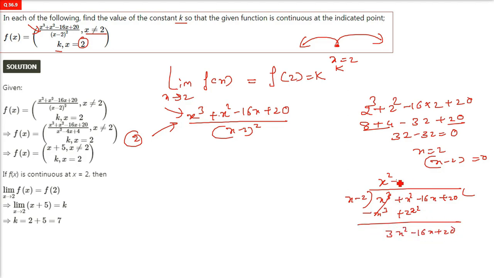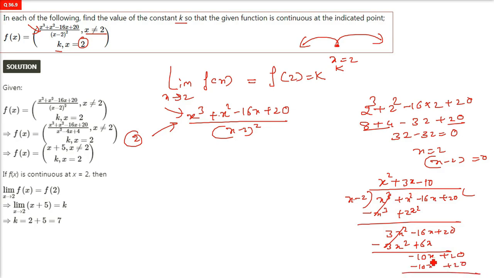Now we need 3x square, so multiply by 3x, and you get 3x square minus 6x. You also change the sign because you are subtracting. Minus 16 minus minus 6 is minus 10x, and you have plus 20, right? So now we need negative 10, so multiply by minus 10: minus 10x and plus 20.